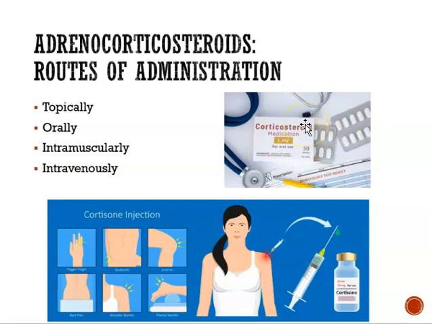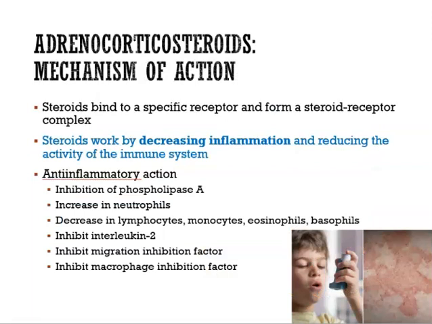Oral prednisone can be prescribed. Sometimes it can be given intramuscularly, so if they have pain in certain areas, they can inject it into the muscle and it decreases the pain. It can also be given through IV. If you have rheumatoid arthritis or lupus, any severe inflammation, you might get it injected into the bloodstream, which is through IV. So different routes of administration.